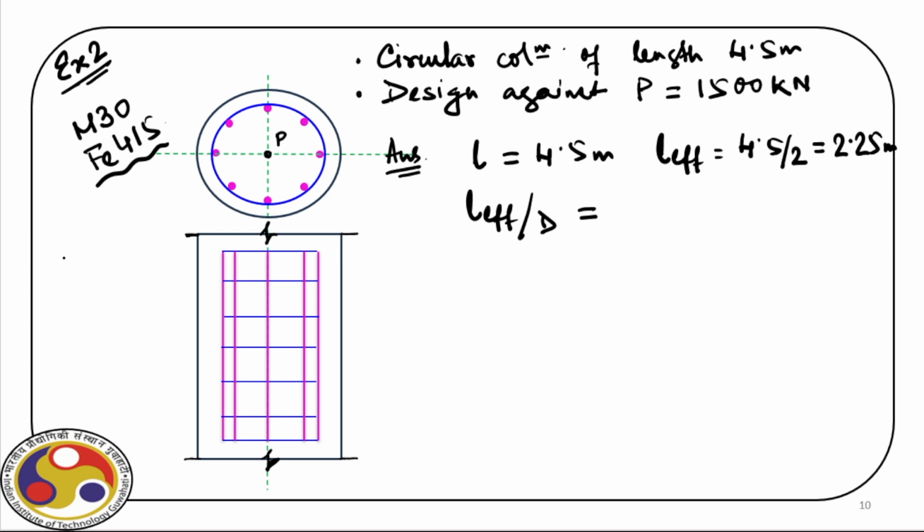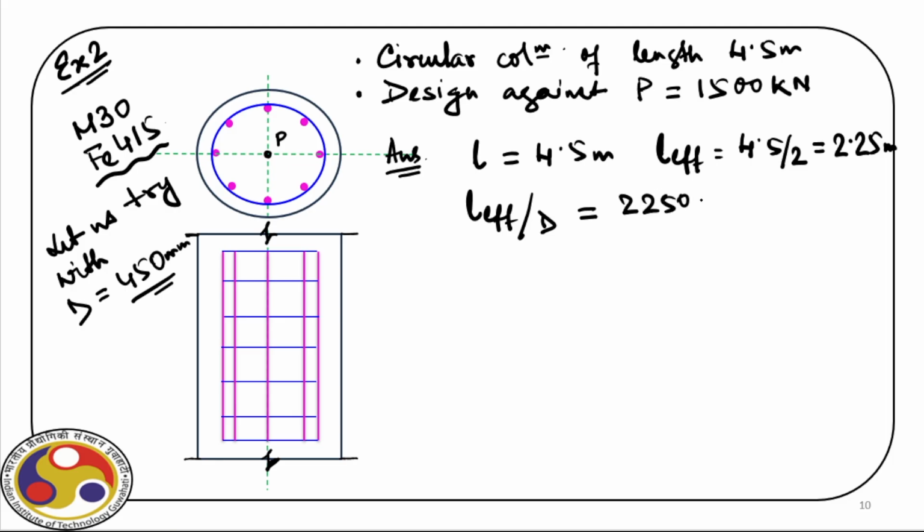So let us try with D equal to 450 millimeter. So we have 2.25, that is 2250 divided by 450, and this is equal to 5, which is less than 12. So we can design it as a short column. So first check is done.